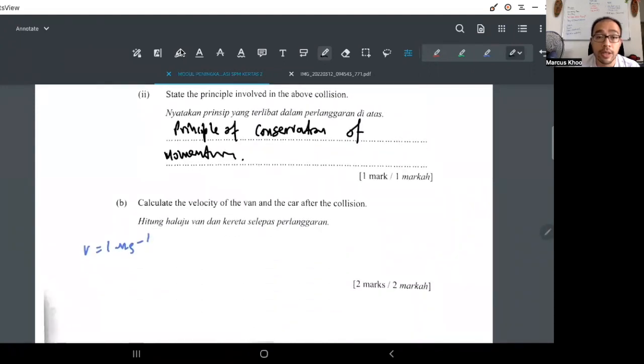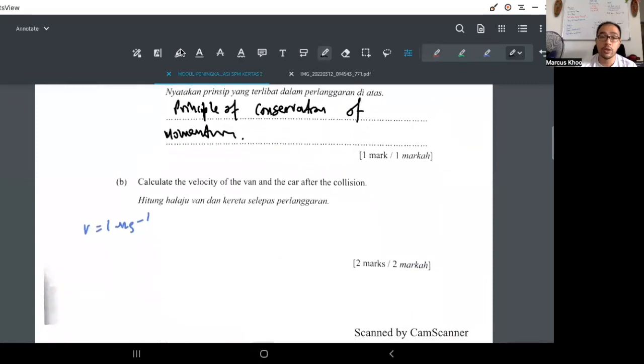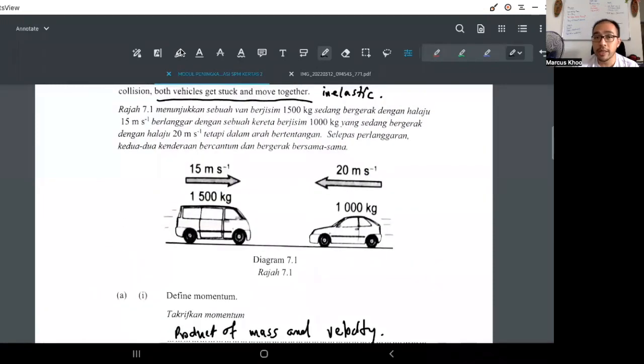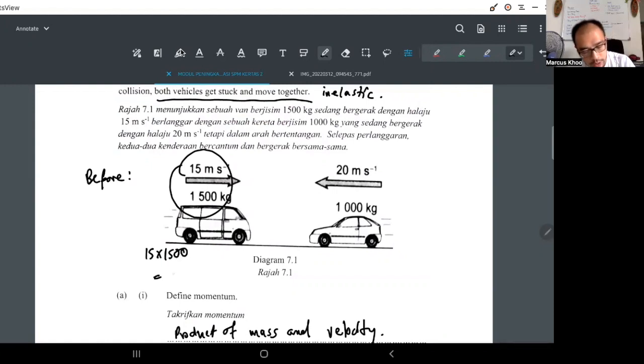Okay, so calculate the velocity of the van and the car after collision. Okay, so we have to calculate it before and after lah. So this is before. Okay, before, the momentum here is 15 times 1500, which is 22,500. This one is negative 20 times 1000.